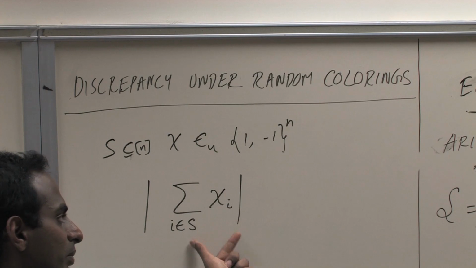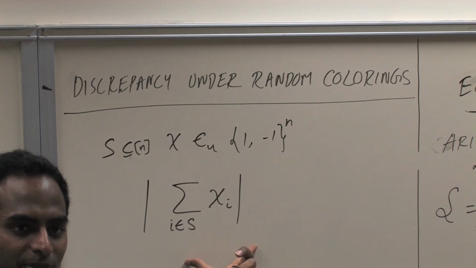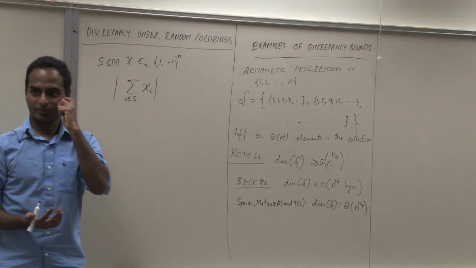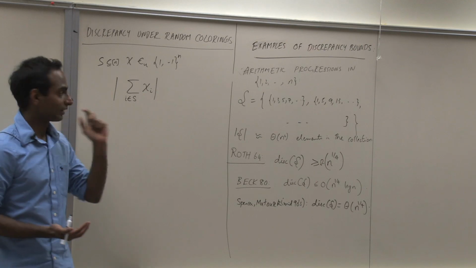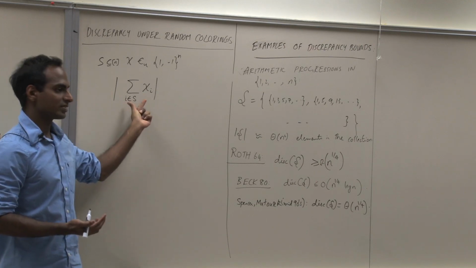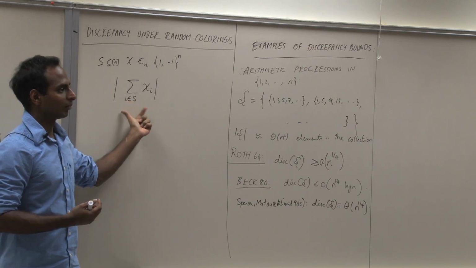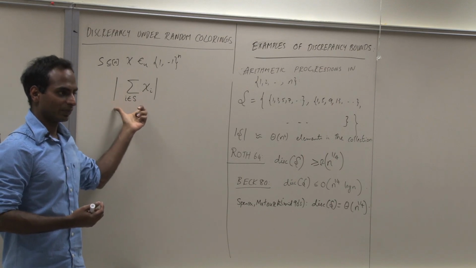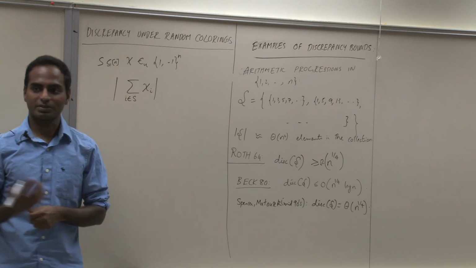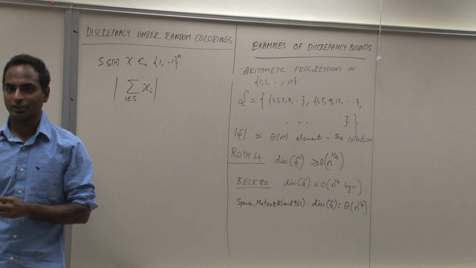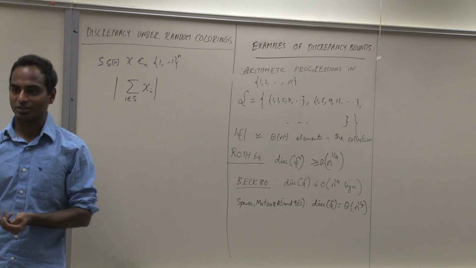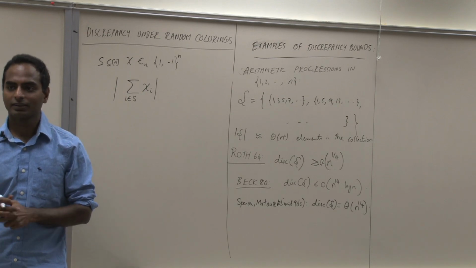What will the sum be approximately most of the time? Well, the expectation of the sum is 0, right? But I'm putting an absolute value. So what's the expectation of the absolute value of the sum? It's no longer 0 because it's positive all the time, right?